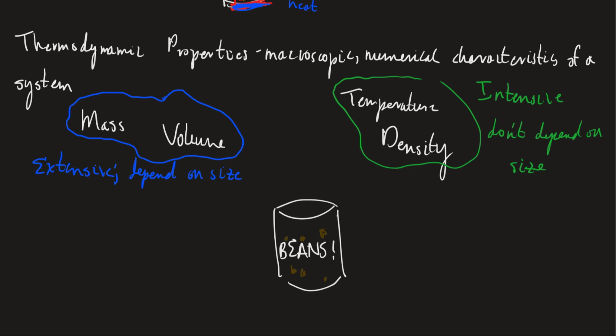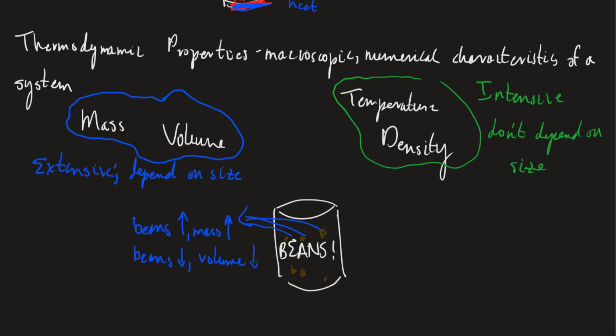Within the system, if we choose some beans, so let's choose a few beans. If we change the number of beans, let's say we increase the number of beans, then the mass will also increase. If we decrease the number of beans, then the volume will also decrease.